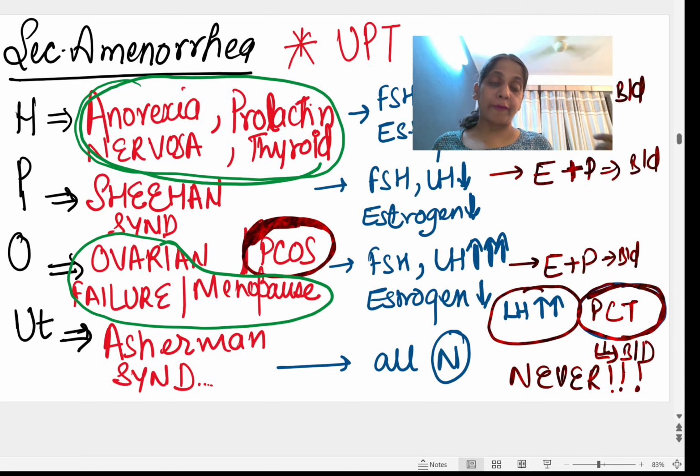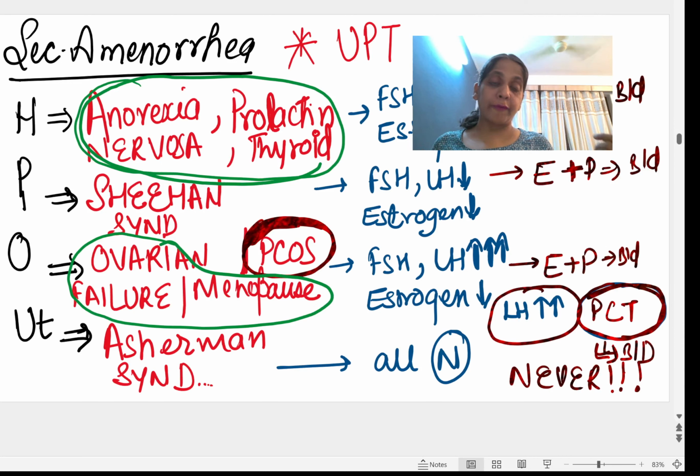The amount of estrogen which we are giving in the combined oral contraceptive pills is much, much lower than the amount which is produced normally in the body. Once again, one mechanism of action is suppression of HPO axis. So no FSH is formed.